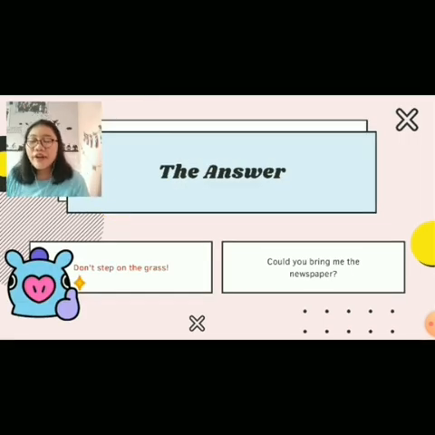The answer, the first one is the command sentence. Why? Because in the first sentence we use an exclamation, and we use a tone when we are reading the sentence, don't step on the grass. So the tone is like we are telling someone to do something, right? And the second sentence is a request sentence. Why?